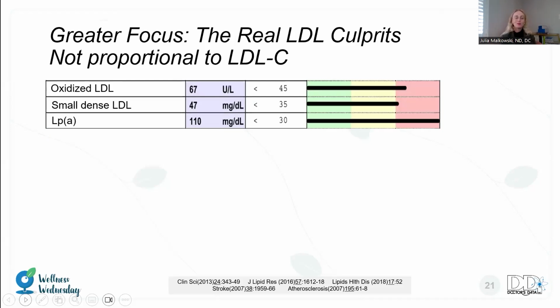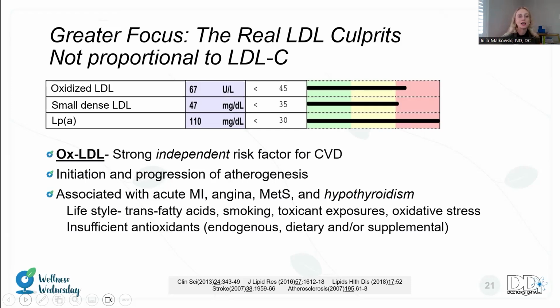So we're going to move beyond the traditional lipid panel to look at the real LDL culprits. These are not proportional to LDL-C. This is going to be oxidized LDL. That's how much of that LDL is oxidized. The oxidized LDL is the LDL that contributes to atherosclerosis. We'll look at that small, dense LDL and that genetic lipoprotein A. Oxidized LDL is very important because this is a strong independent risk factor for cardiovascular disease.